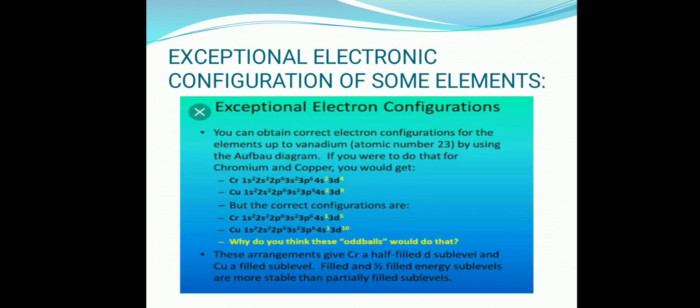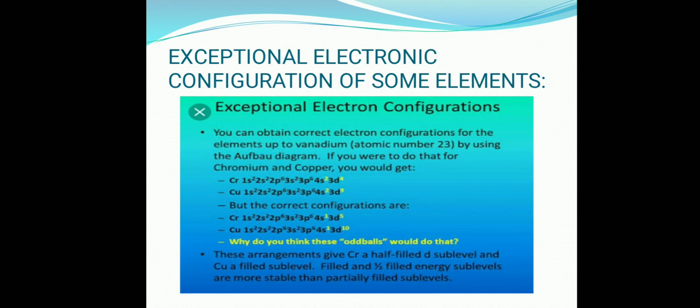Now we come to electronic configuration. What is electronic configuration of an atom? The distribution of electrons into orbitals of an atom is called electronic configuration. In the periodic table, we can see the electronic configuration of elements, and they follow the Aufbau principle up to only vanadium.